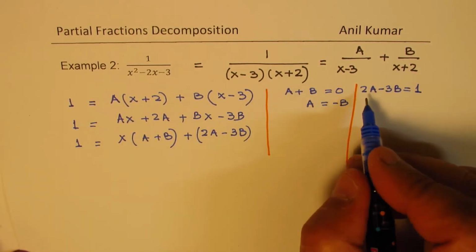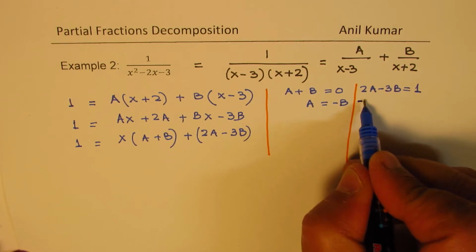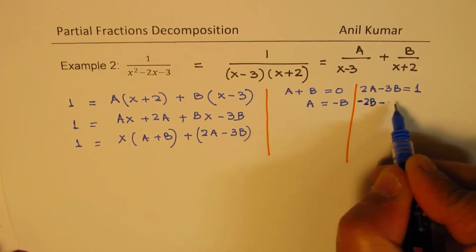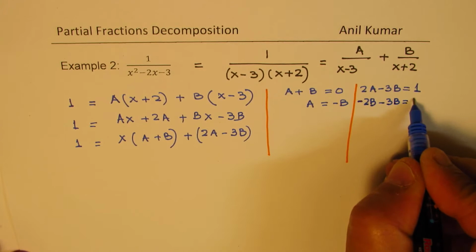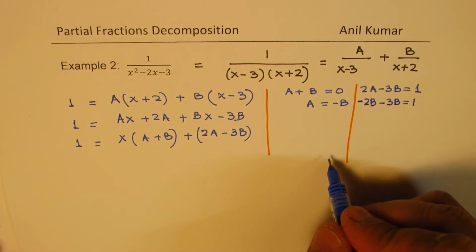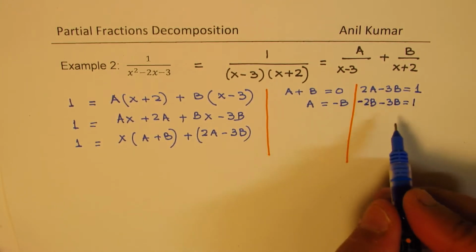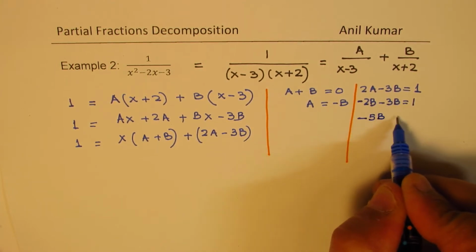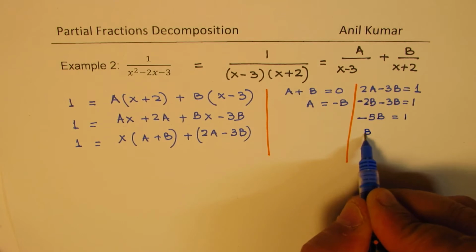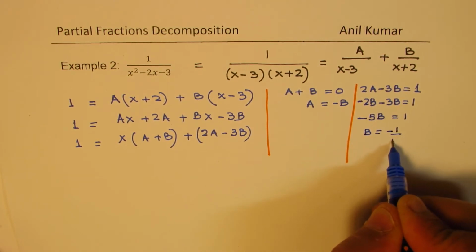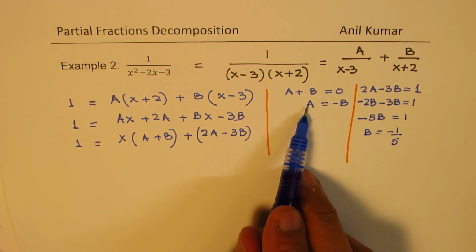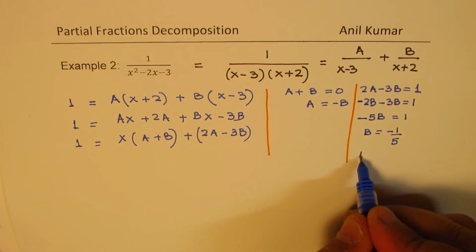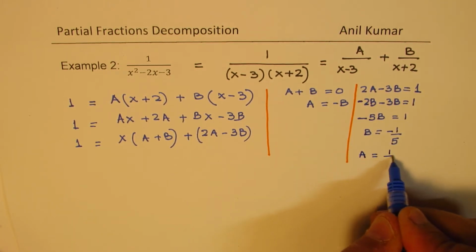Substituting a as minus b here, we get minus 2b minus 3b equals 1. Correct? And this will give us minus 5b equals 1, or b is equal to minus 1 over 5. Since we know a is minus b, we can write now a equals 1 over 5.